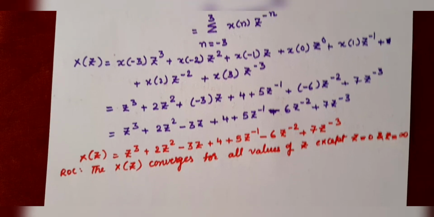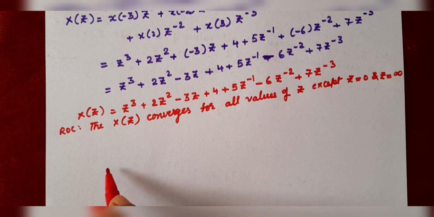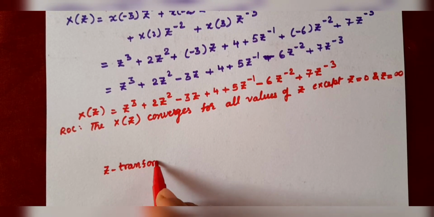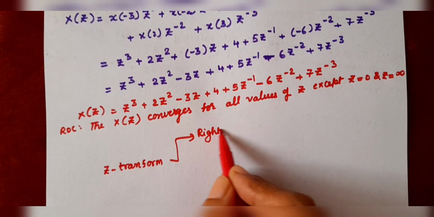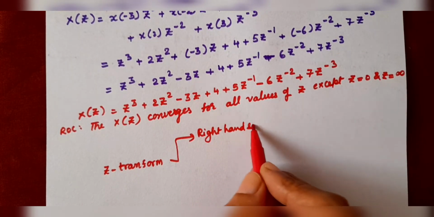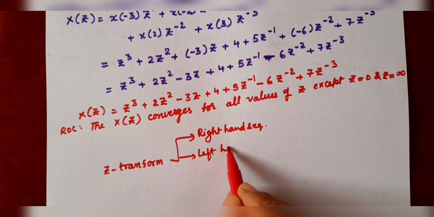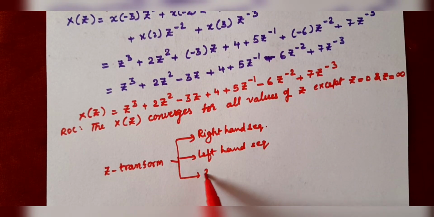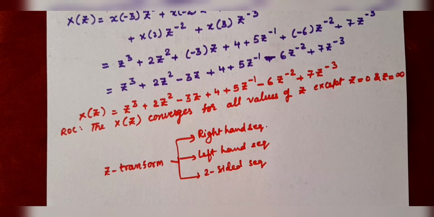So, we have seen 3 examples. We are applying Z transform to right hand sequence, okay, to left hand sequence or two-sided sequence.